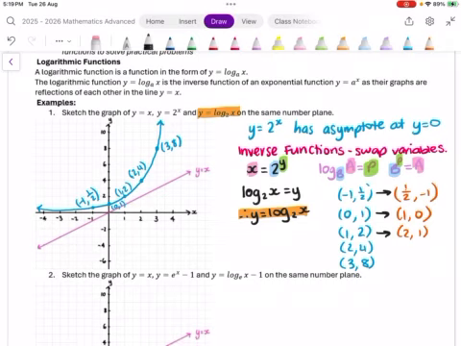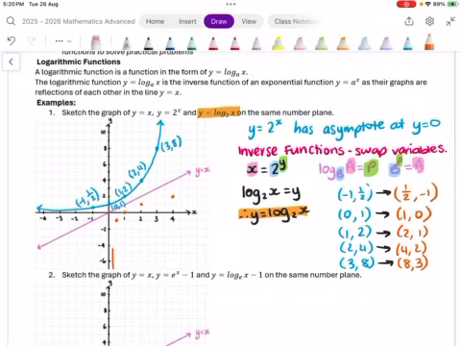They are going to become (4, 2) and (8, 3). These coordinates are now all coordinates that fit on our logarithm. So if we go to (1/2, -1), then we have (1, 0), (2, 1), (4, 2), and then (8, 3) would be our next one, which is off the graph.